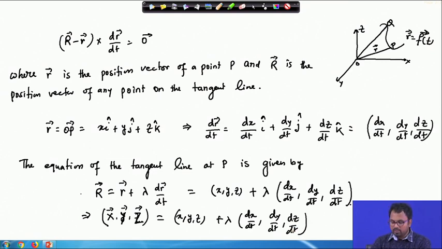Now, from here I will take this triplet on the left hand side, and then we will equate the coefficients of i, j and k from both sides.